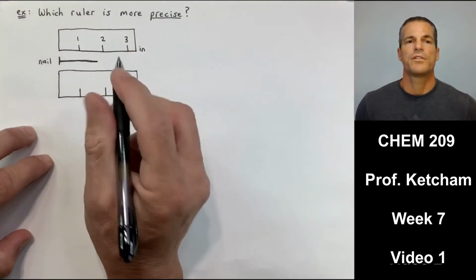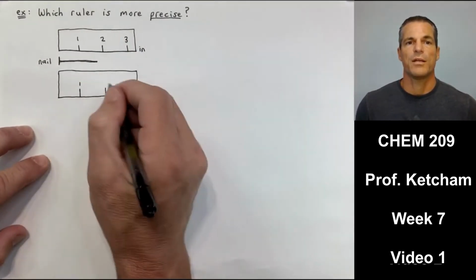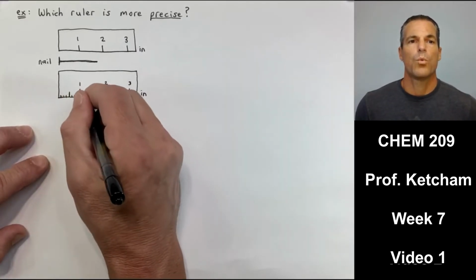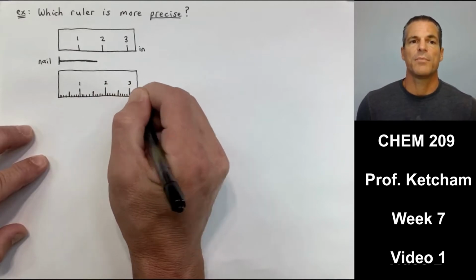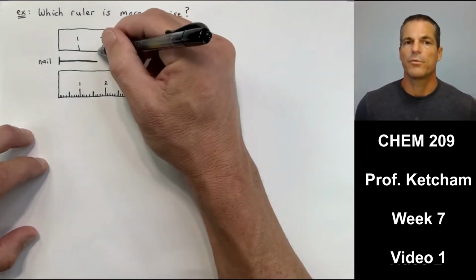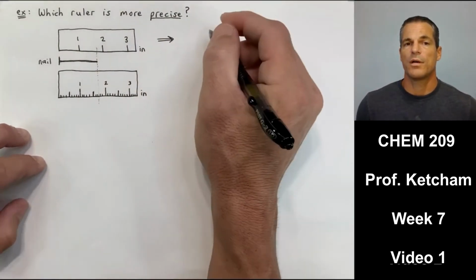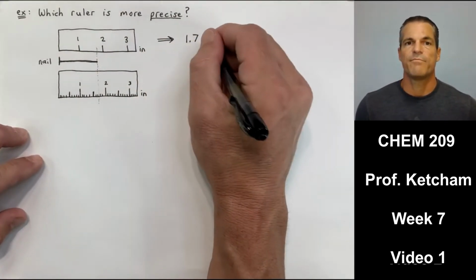Now, the top ruler just gives me 1, 2, and 3, and that's it. The bottom ruler gives me 1, 2, and 3, but it also gives me 0.1, 0.2, 0.3, etc. So the bottom ruler is going to be a much more precise way of measuring this.